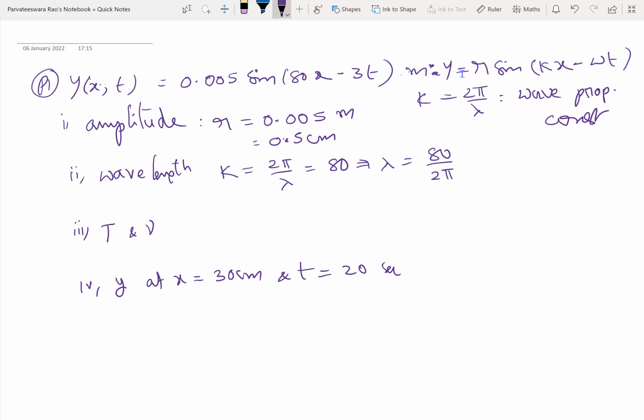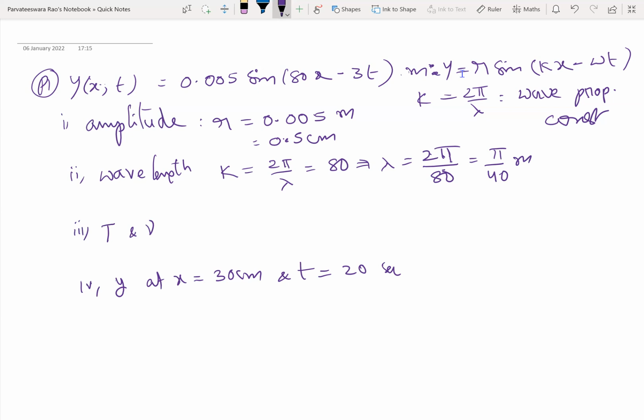Sir, lambda is 2 pi by 80, sir. Oh, sorry, correct. 2 pi by 80. So it is pi by 40 meters.